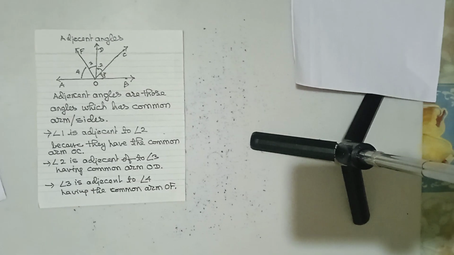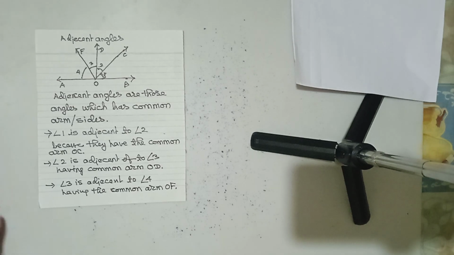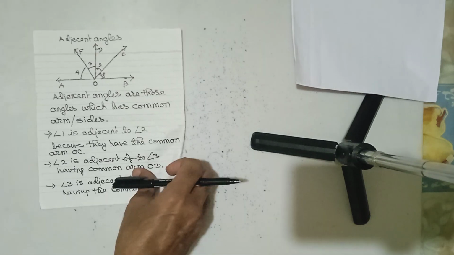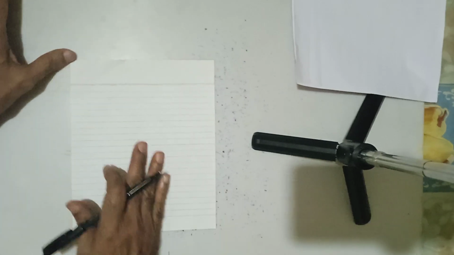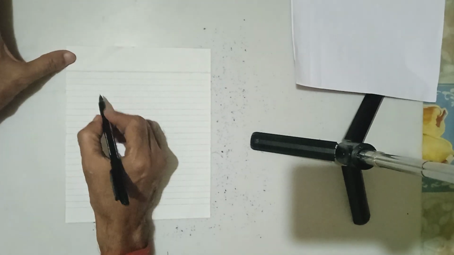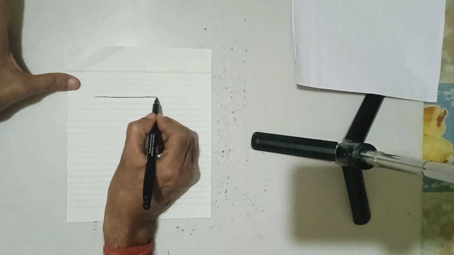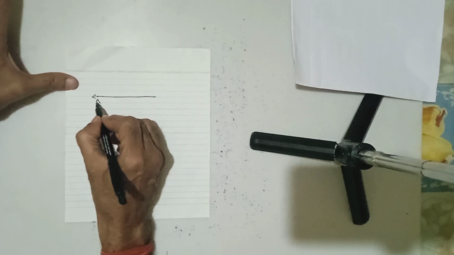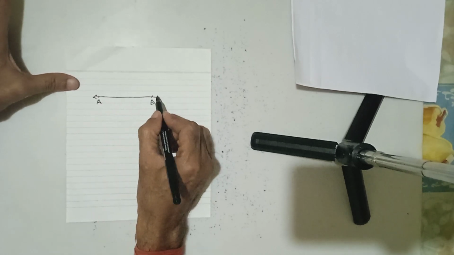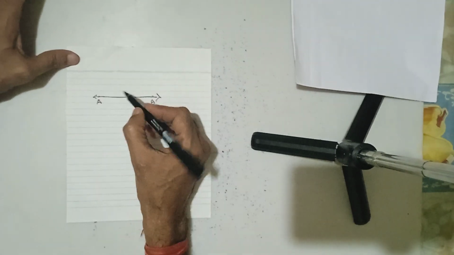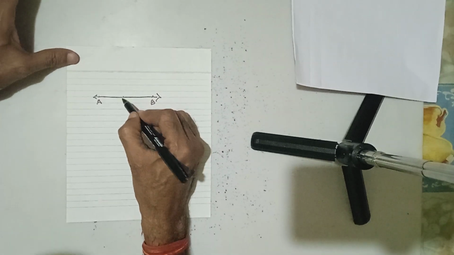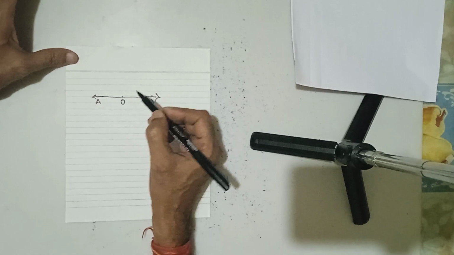Now we'll come to linear pair. What is linear pair? Suppose there is a line AB and suppose there is a point O in the line AB.